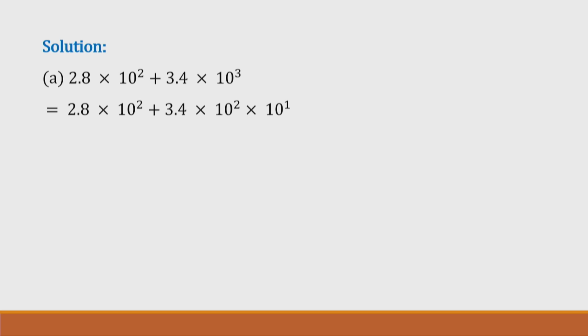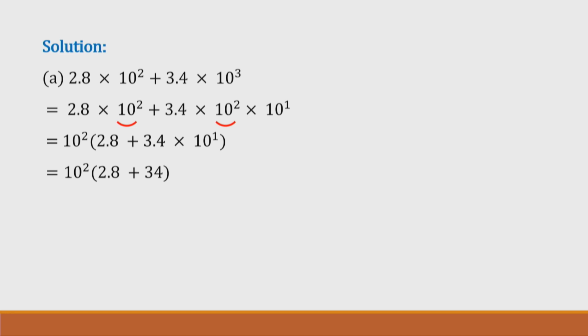So now you can see that 10 to the power of 2 is common. I will take 10 to the power of 2 as common. So I get 10 to the power of 2 into (2.8 plus 3.4 times 10 power 1), which gives me 10 power 2 into (2.8 plus 34). 3.4 times 10 is 34.